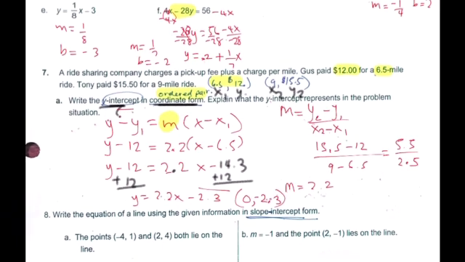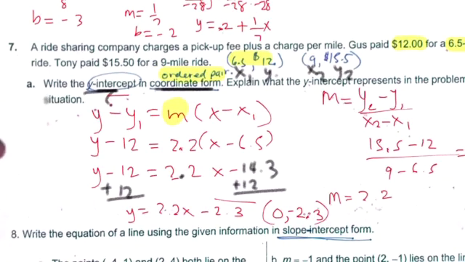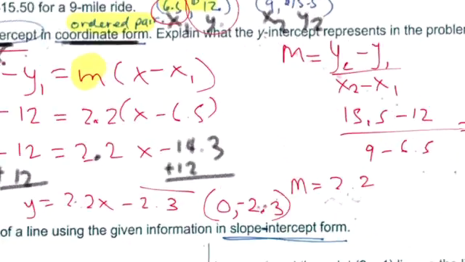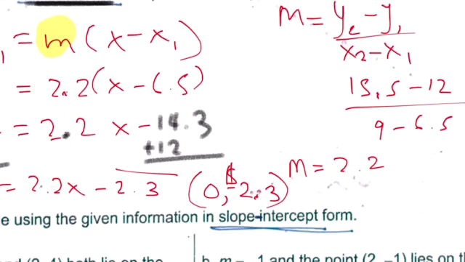What does it mean in context? 0 is your x, and x is the number of miles, and y is how much Gus paid for that many miles. That means he got back $2.30. That doesn't make sense.